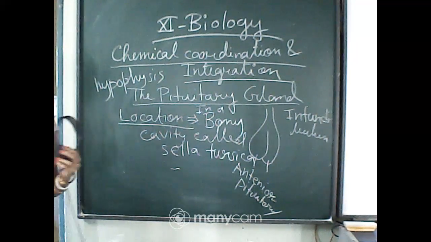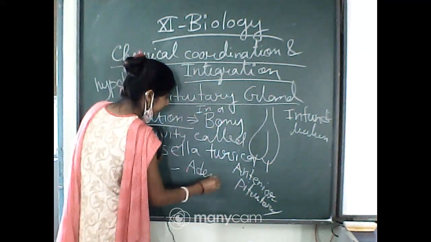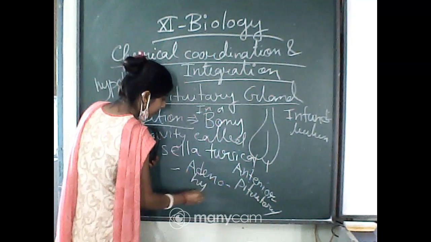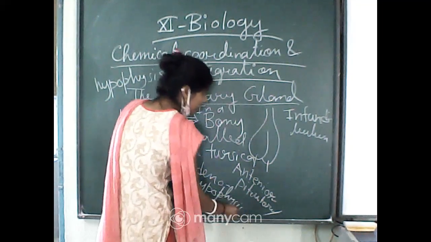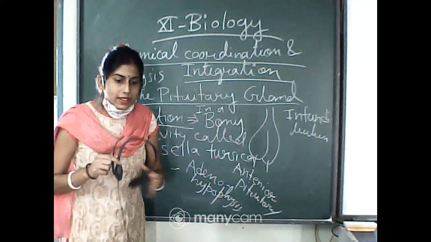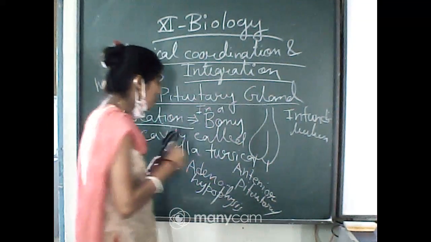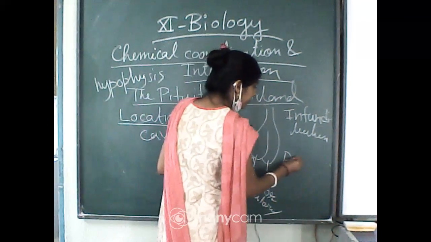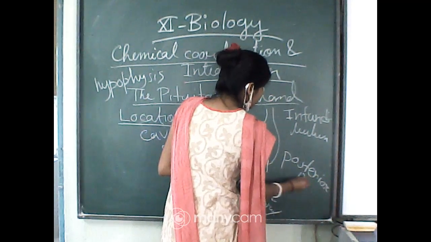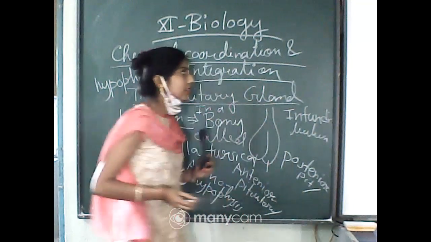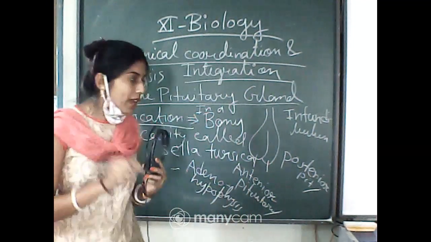So the alternative name of anterior pituitary is adenohypophysis. Clear? And there is another lobe that is called posterior pituitary. And the alternative name of posterior pituitary is neurohypophysis.